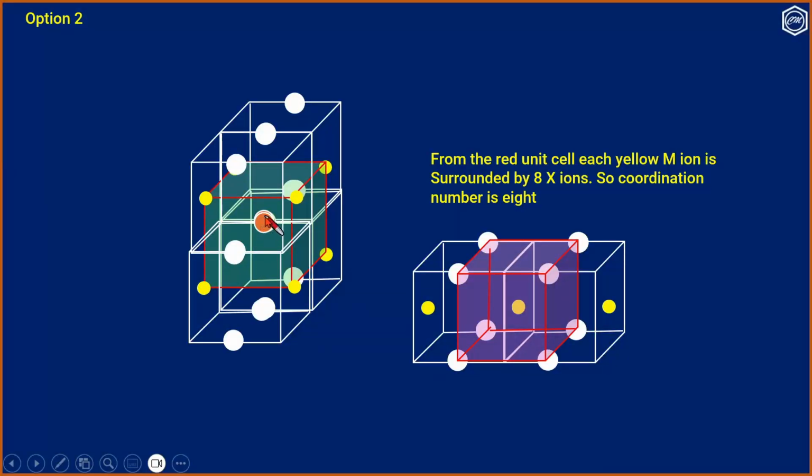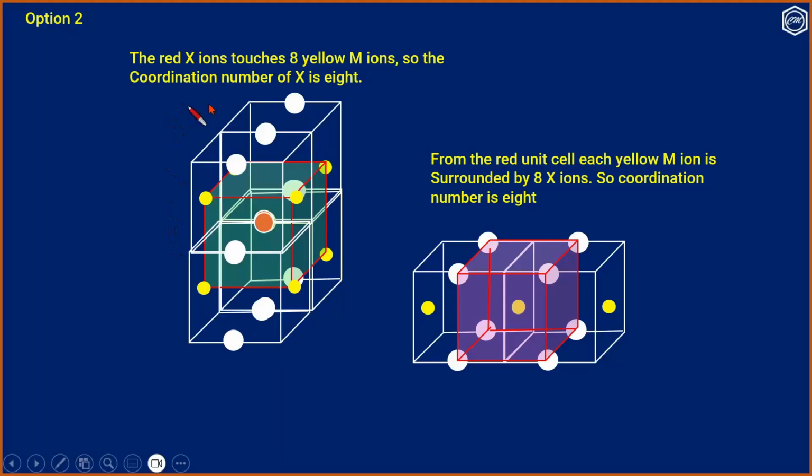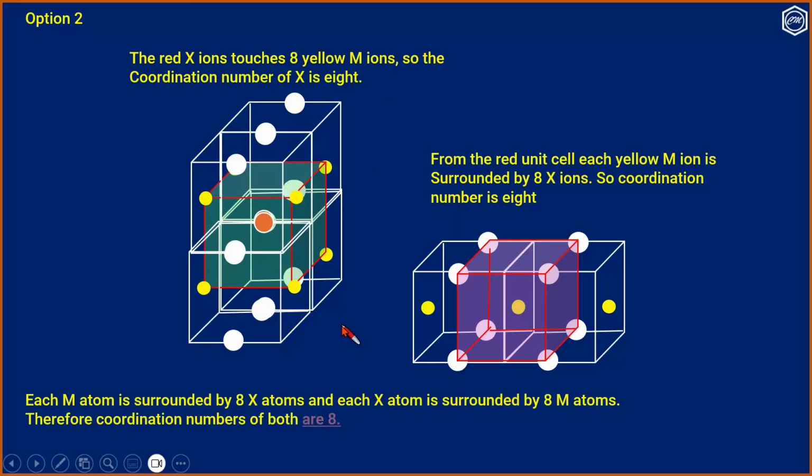So in that unit cell, the X atom is at the middle. Now it is touching 1, 2, 3, 4, 5, 6, on the back side 7 and 8. So each X ion touches 8 M ions. So the coordination number of X also is 8.